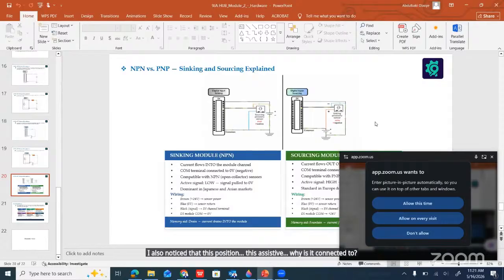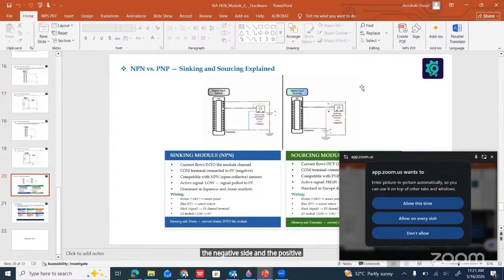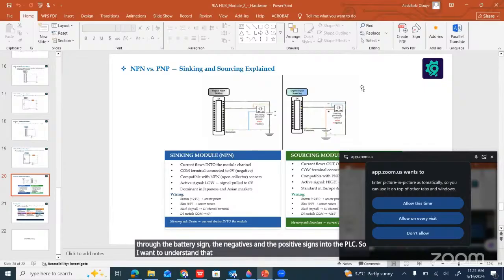Because now we have three cables connected to the PLC, and we also have the negative and the positive. We have a battery signal here connecting the negative side and the positive side of the sensor to the battery sign, and the negative and the positive sensor into the PLC. So I want to understand that configuration. Thank you.